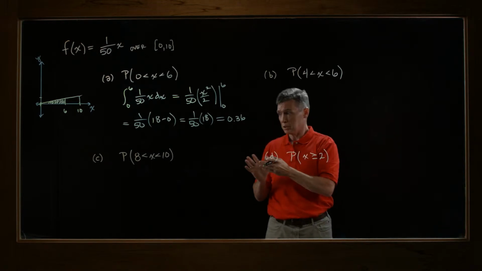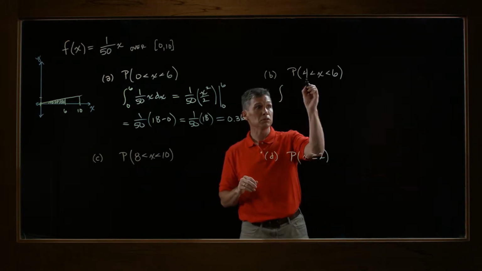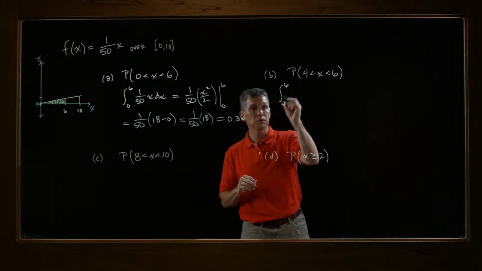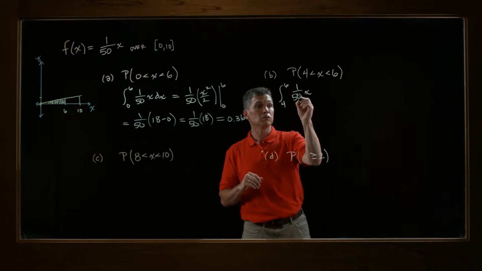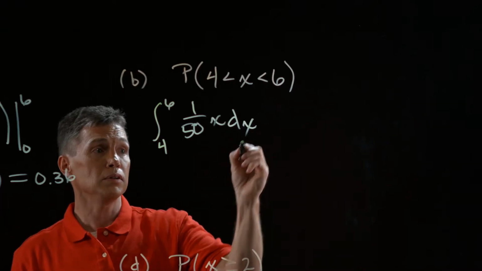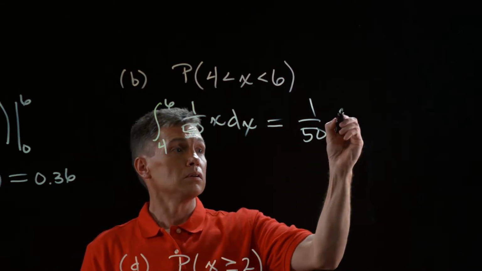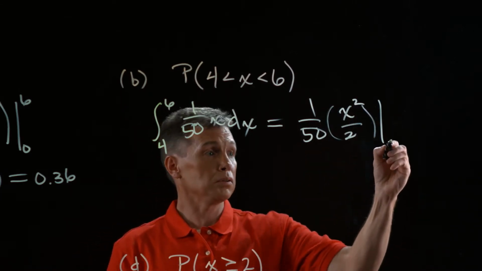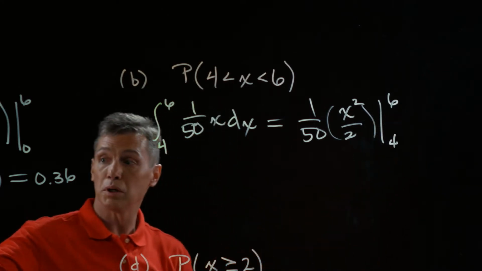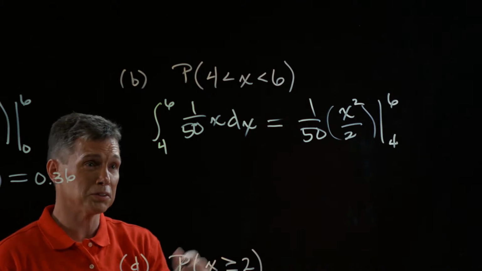Okay, part B. For each of these other parts, we do the same kind of work. We're looking for the integral from 4 to 6 this time of that same integrand, 1/50th x dx. So we evaluate, which ends up being the same work we did in part A other than the limits of integration, this time going from 4 to 6.